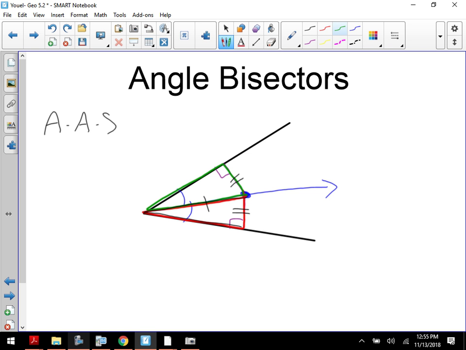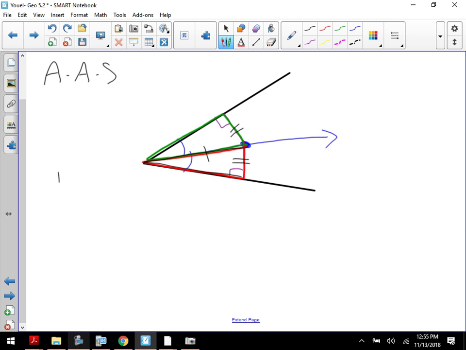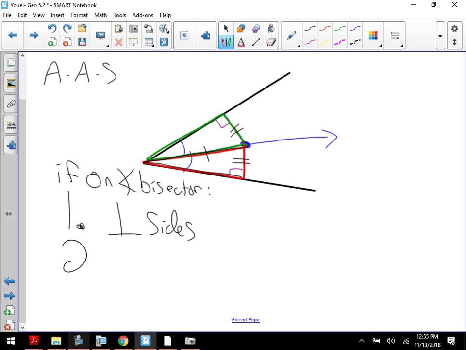Whereas when we were perpendicular bisector, we always said we were equidistant to the endpoints of the segment. Angle bisector has two parts going for it. If on angle bisector, one, you're perpendicular to the sides, and two, you're equidistant to the sides.